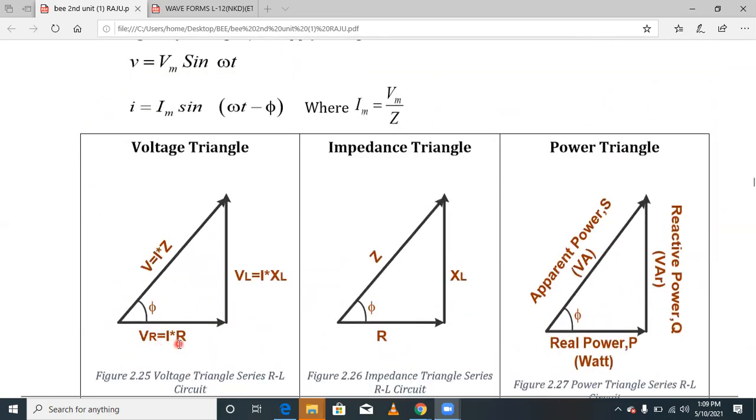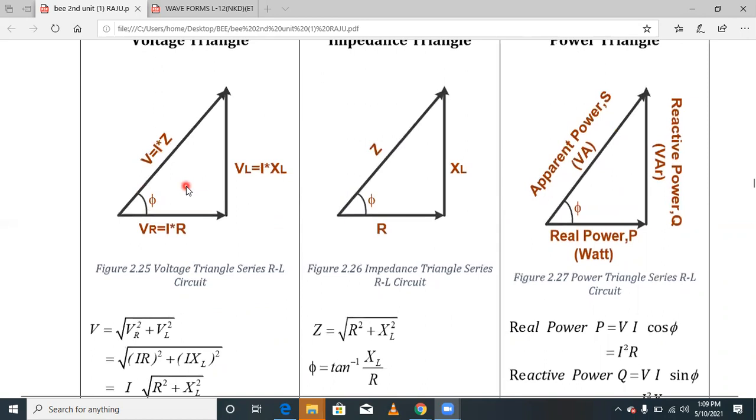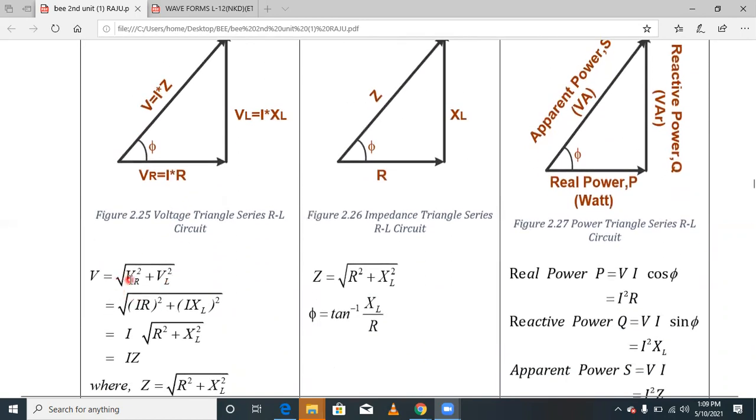So VR is equal to I into R, VL is equal to I into XL, and V, the total voltage, is I into Z. This is called the voltage triangle. Then V is equal to the square root of VR squared plus VL squared, according to the Pythagoras rule.